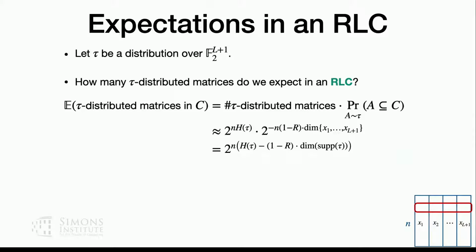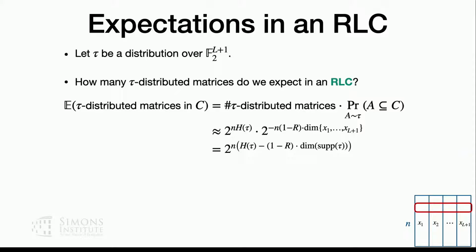I remind you that we're talking about the expectation method. So we're still hoping to compute the expected number of matrices in the random linear code with this distribution tau, where tau is some bad distribution. And we hope to show that this number is small, and this way show that the code probably does not contain any matrix with this distribution tau.